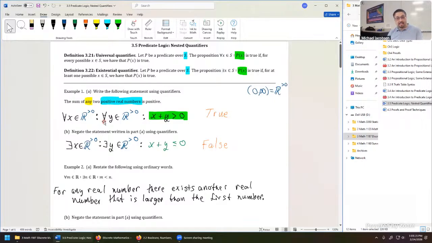If this was an exists statement, we would have had a for all statement here, but we flip for all to an exists, and we do the negation of the predicate on the right here. It was the sum is positive, so we wrote non-positive going this way. So that's the warm-up. We did an example 2 as well, but any questions so far, folks, with the refresher?